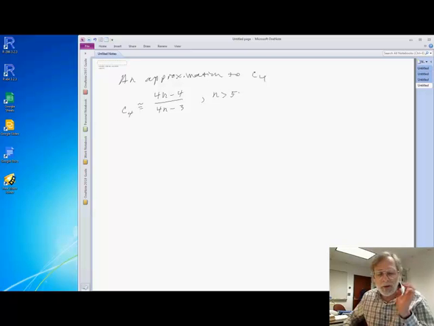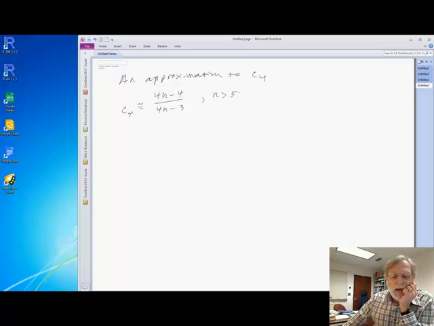So here's a lecture question. See how well C4 is approximated by this formula by computing it for n equals 6 and 10, and comparing it to the values in Table E. So you might be thinking, is k bigger than or equal to 300 realistic?